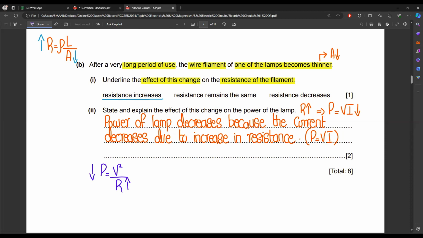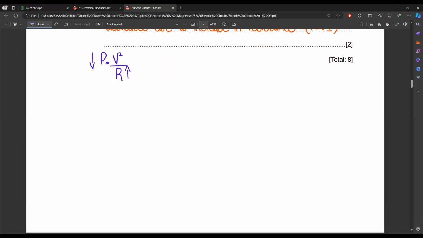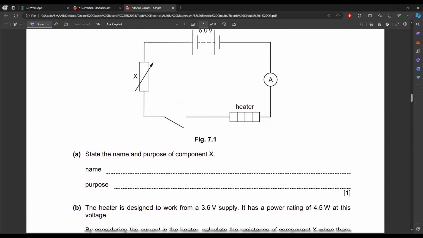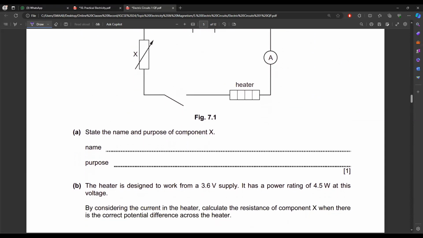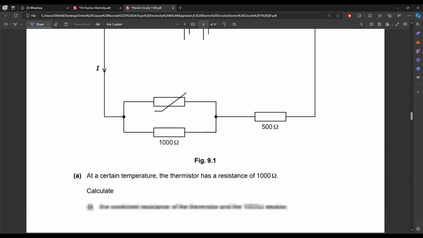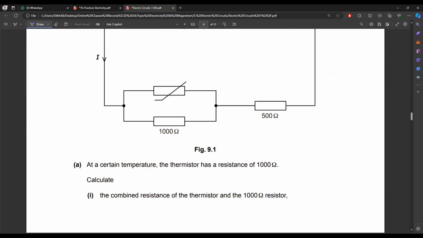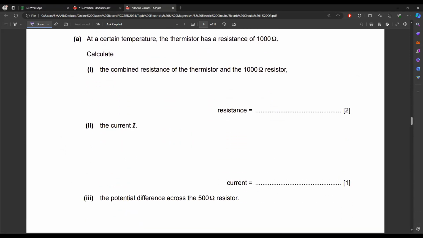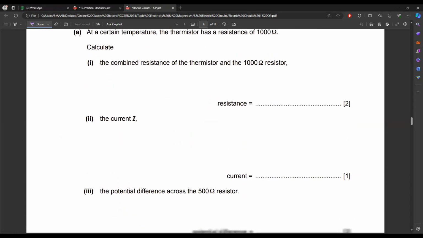So according to the concept of the power formula with the reference of voltage and resistance, in that case also the value of power will decrease, right? In this question we have one more component which is called a variable resistor, a rheostat, that helps you to change the value of electric current.